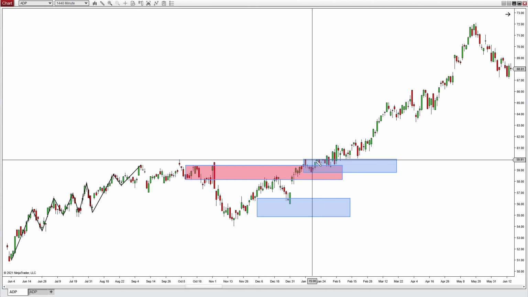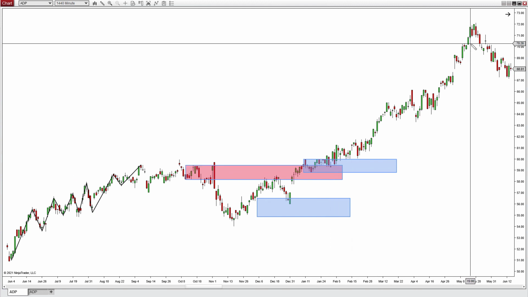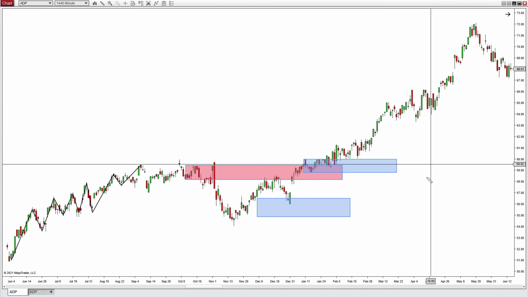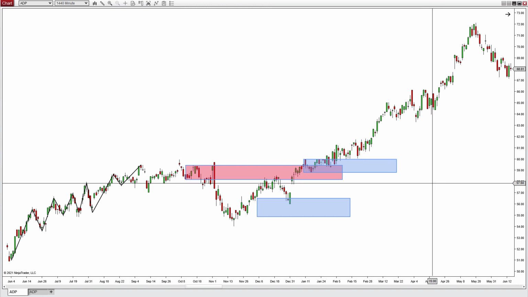Now imagine being able to come into one of these zones and then you just start looking for very precise entries and you just risk a little bit and try to make a lot. This is the whole premise behind market structure. It is the foundation to any market, any chart, any time frame. You really need to have this in your tool belt.